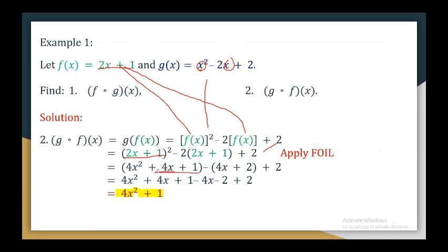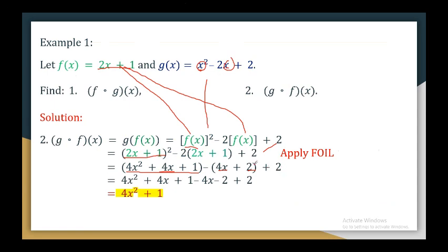So this is now the product of 2x plus 1 raised to 2, minus 2 times 2x, which is 4x, then 2 times 1 is positive 2, and then we have positive 2.